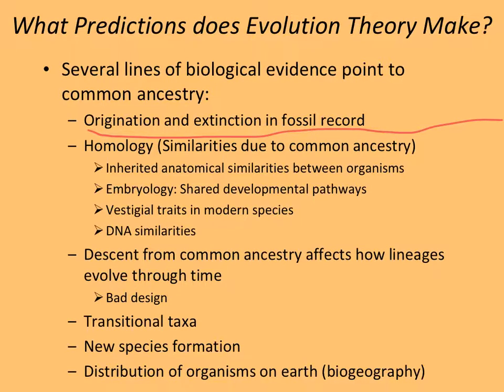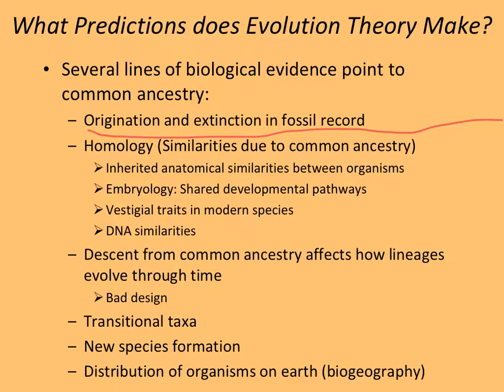Now, you will not find everything in the fossil record. In fact, creating fossils is very, very difficult, and most things do not leave fossils. Like soft-bodied organisms usually don't leave fossils, but some do.